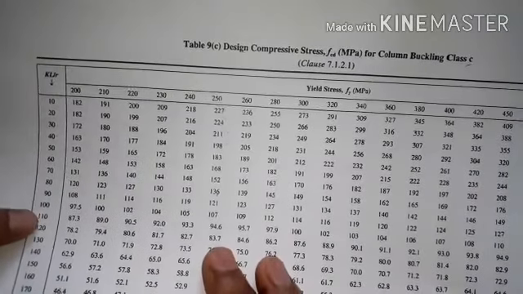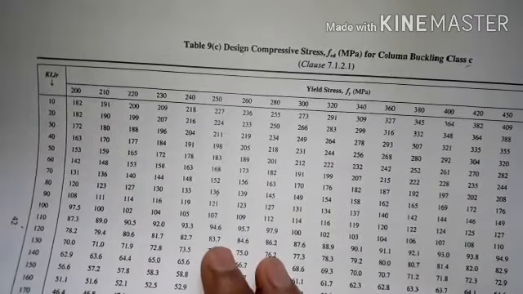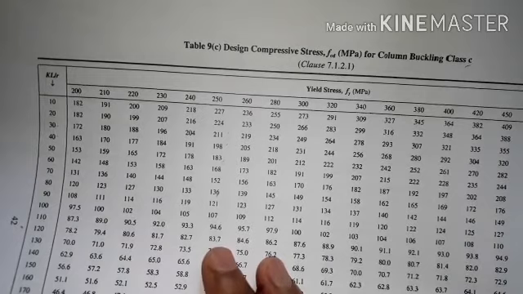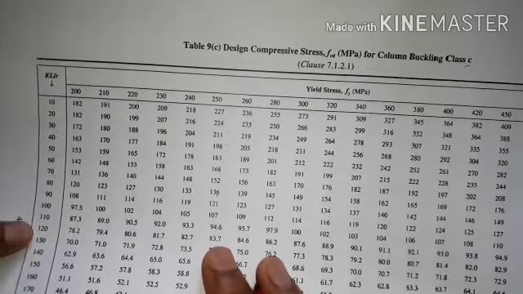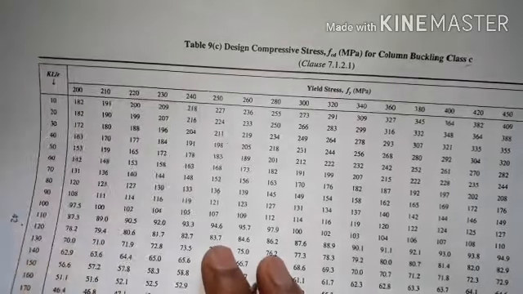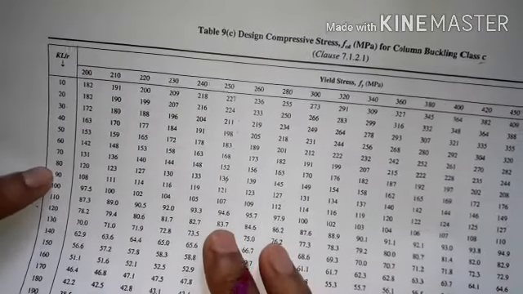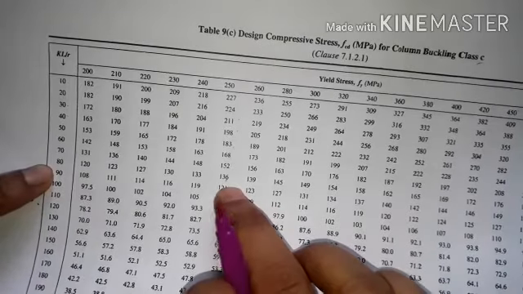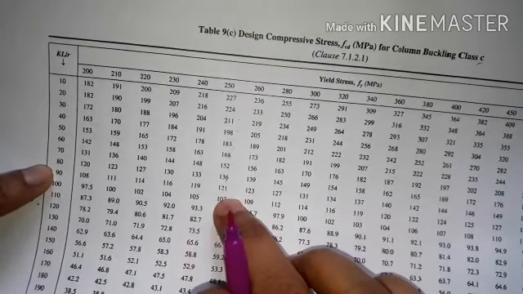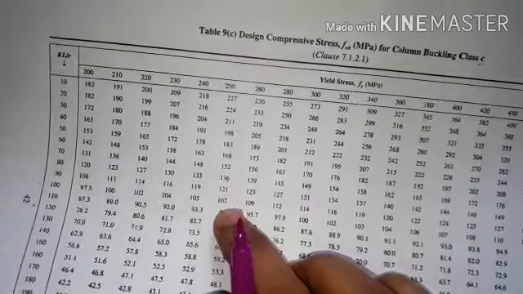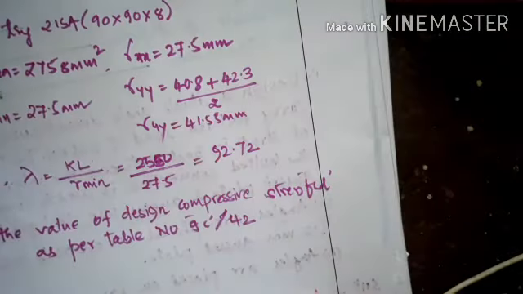Here it is given by KL by R minimum, I have explained this in the previous session also, and here it is 250. So you have to find the value for 92.72. You have to interpolate between 90 and 100, that is between 121 and 107. So I'll just write the values here.